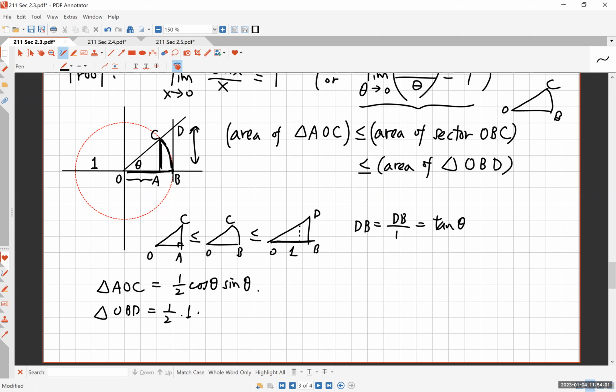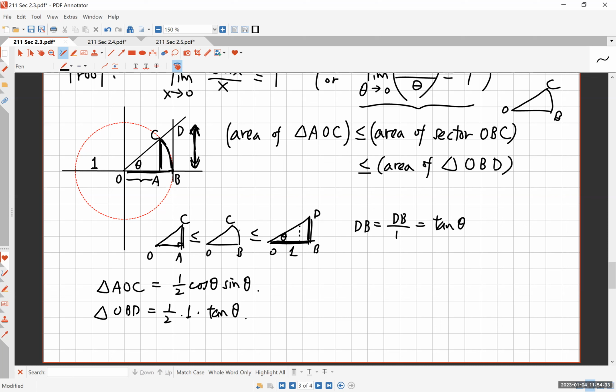Well, that's because it's the opposite over the adjacent. DB is the opposite of theta. OB is the adjacent, and OB has length 1. So that is the tangent. So in other words, DB is actually length, which represents the tangent of theta. Okay, so that's no problem, right? So this is 1/2 times the base times height. This is also 1/2 times the base times height.